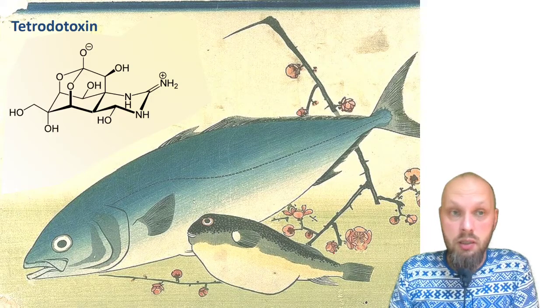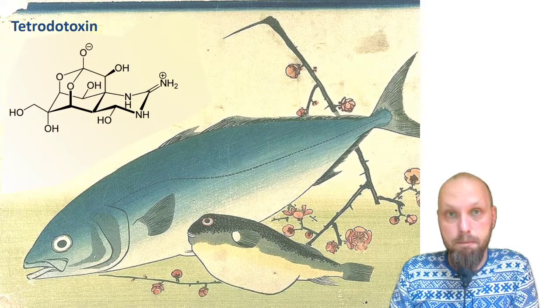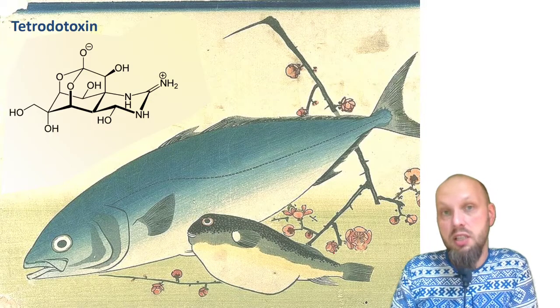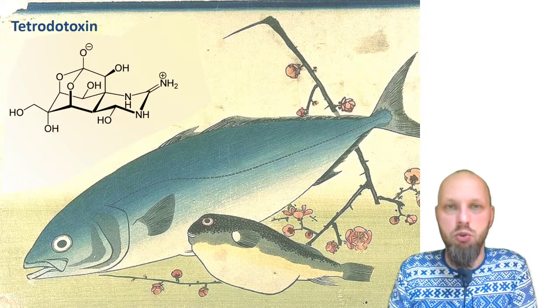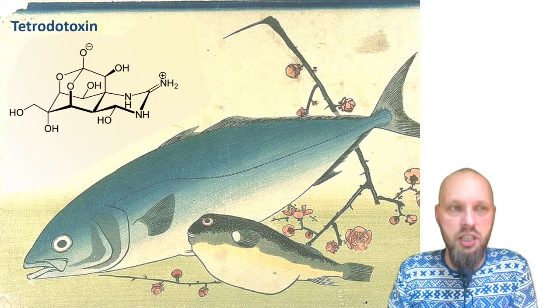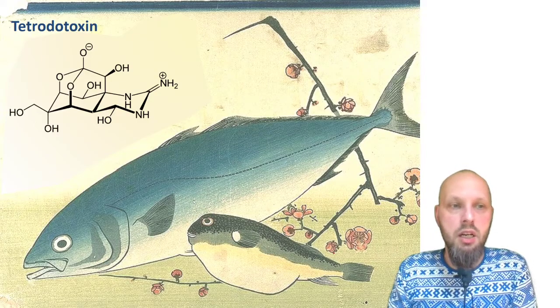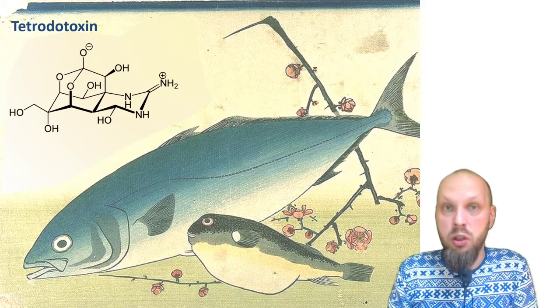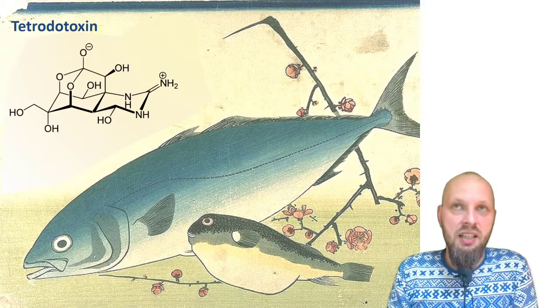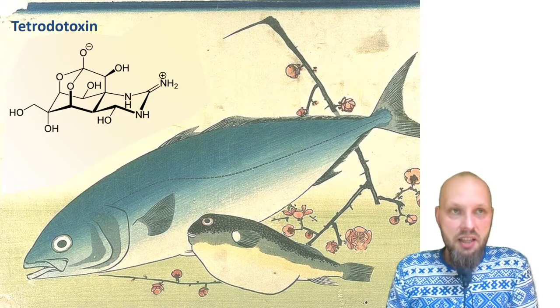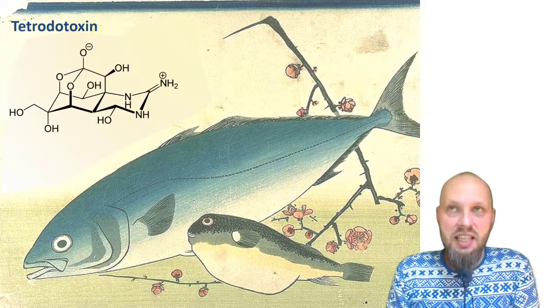It blocks sodium channels, voltage-gated sodium channels. And the reason it's famous is that neuroscientists in general really like toxins and venoms and toxic plants, because evolution came up with all these wonderful weapons that allow one animal or plant to kill other animals or plants, or at least make sure that they never eat them again.